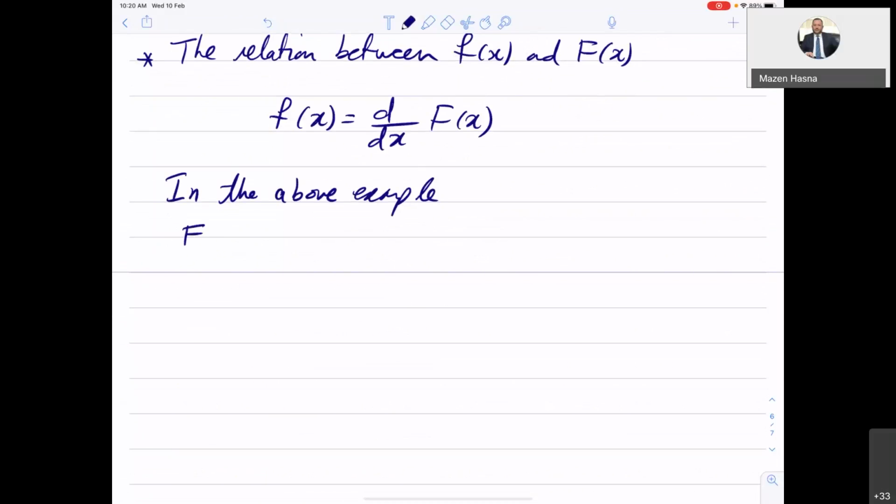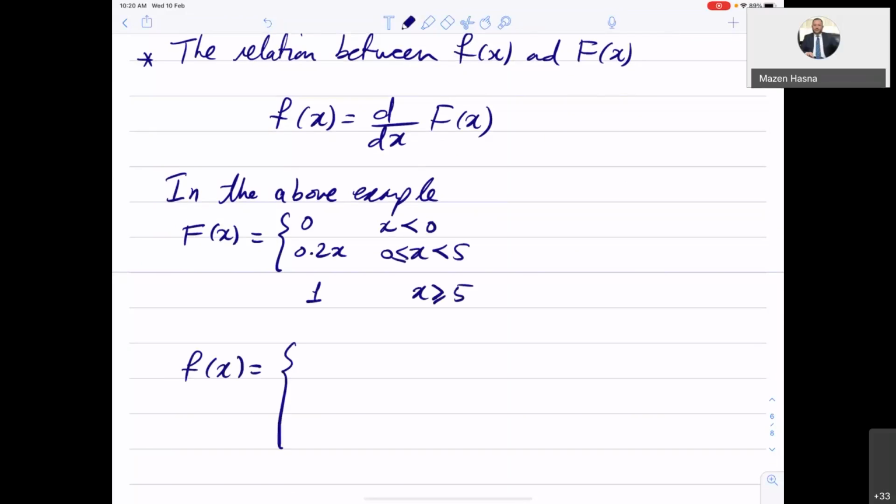So F of x was 0 when x is less than 0, 0.2x when x is between 0 and 5, and was 1 when x is greater than or equal to 5, which means what's small f of x? I take the derivative.